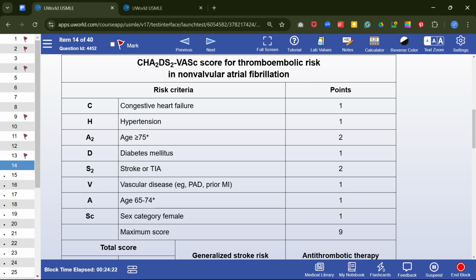When you see warfarin in the options, think about the valvular one, because only in valvular heart disease do we use warfarin. Apart from valvular heart disease, we are not using warfarin these days. Apixaban and rivaroxaban are the good drugs.